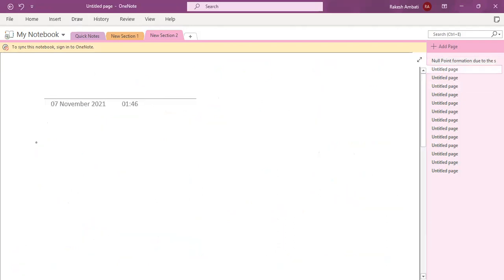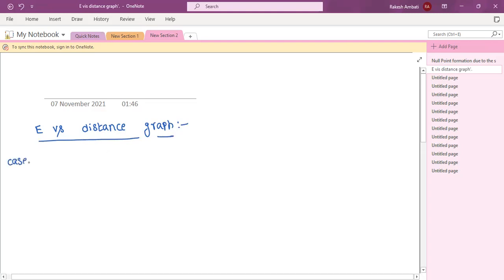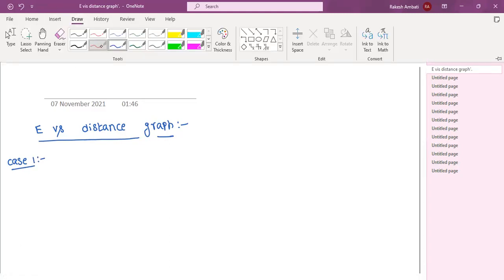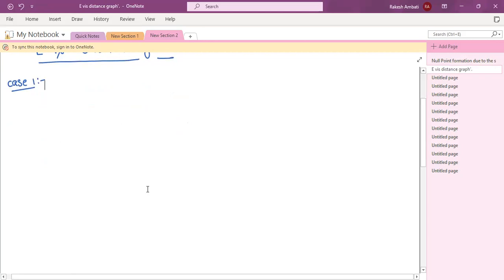Next one is the intensity versus distance graph. In the first case, I'm taking two identical positive charges.